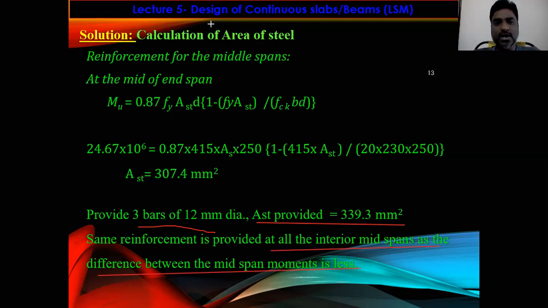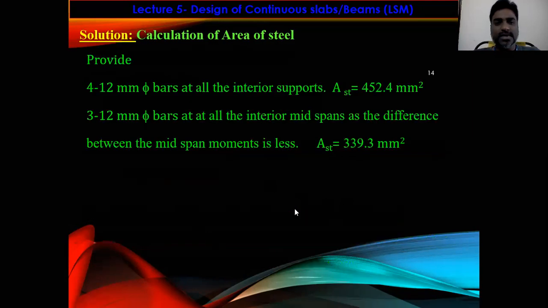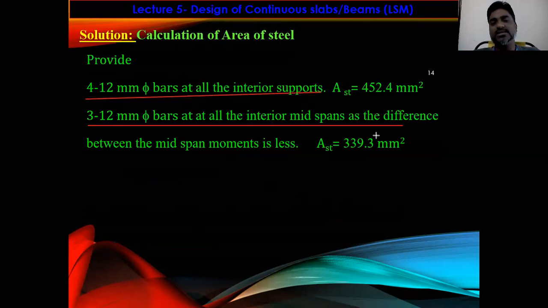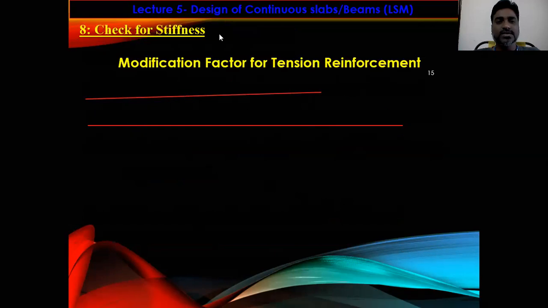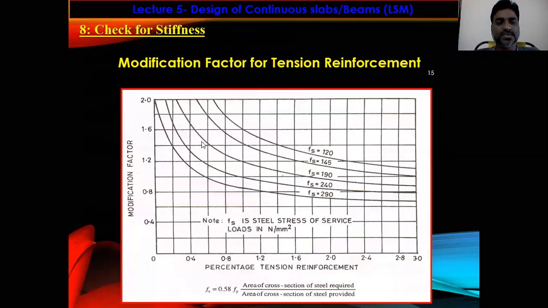So this is how you determine the area of tension reinforcement required for different places. This is how we designed it: 4 bars of 12 mm dia bars at all interior supports, and 3 bars of 12 mm dia bars at all other interior midspans.